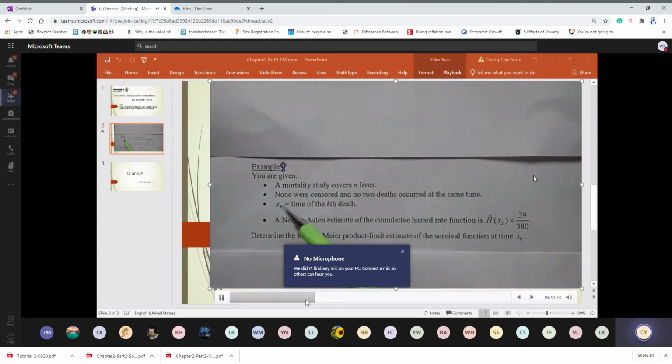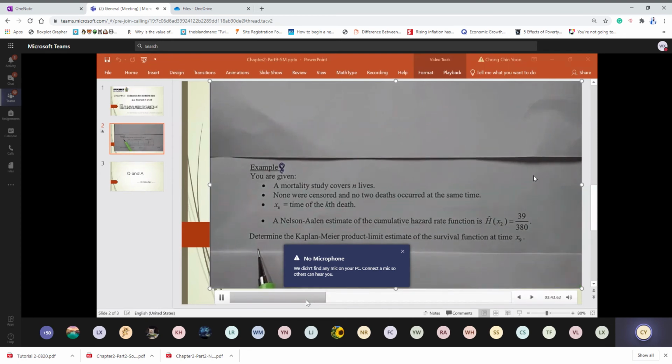Second, none were censored and no two deaths occur at the same time. Third, let xk be the time of the kth death, plus a Nelson-Aalen estimate of the cumulative hazard rate function, which is given by this at x2 is 39 divided by 380. We need to determine the Kaplan-Meier product limit estimate of the survival function at time x9.